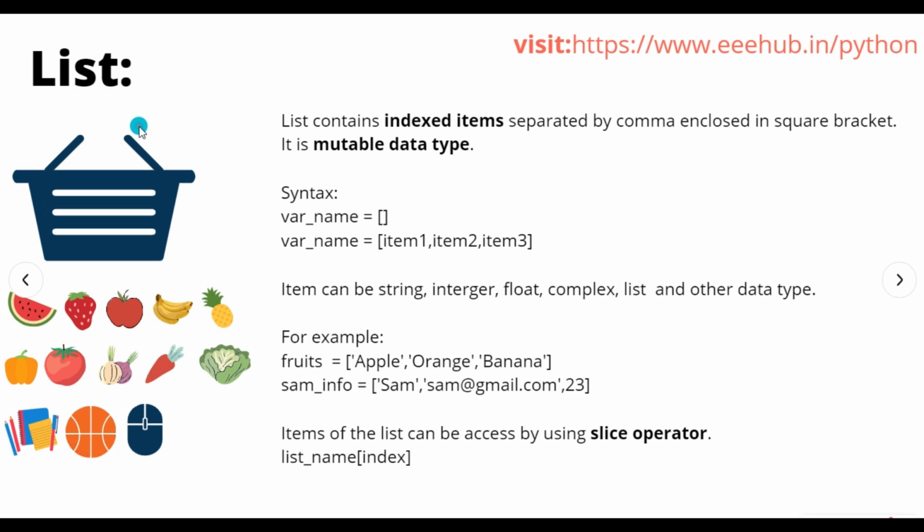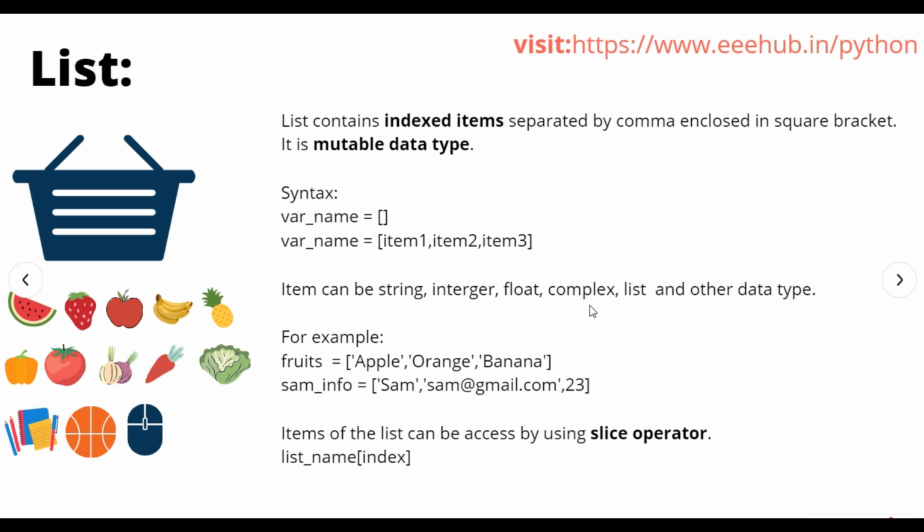So list in Python is a similar data type. It can hold a string data type, integer data type, float data type, complex, or it can also hold a list, or a mixture of these data types, like a string also, integer also, float also, or complex also.